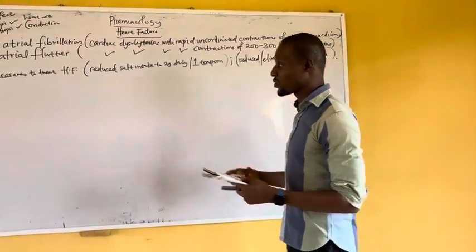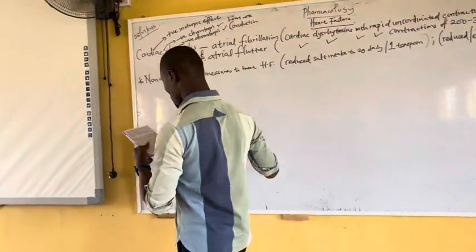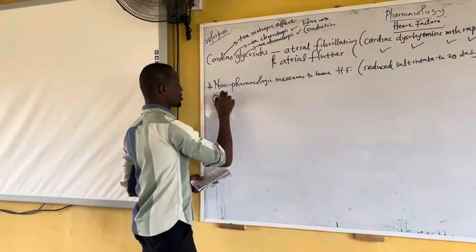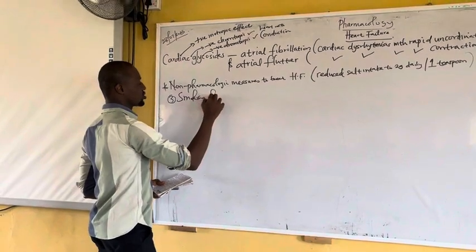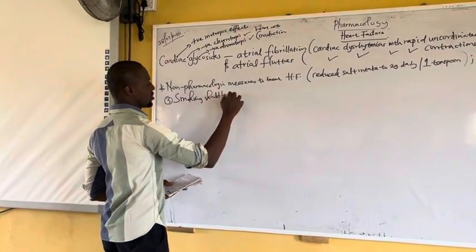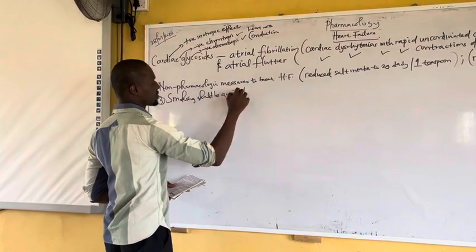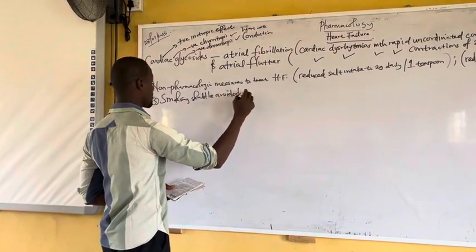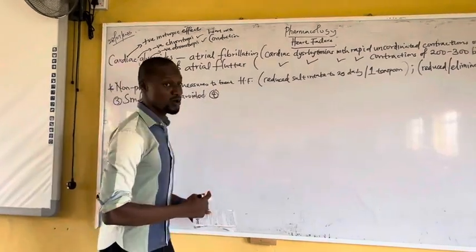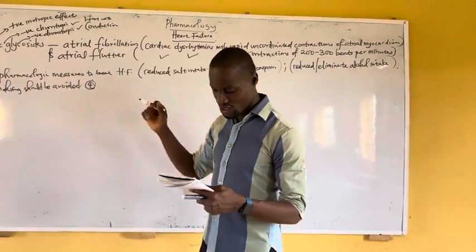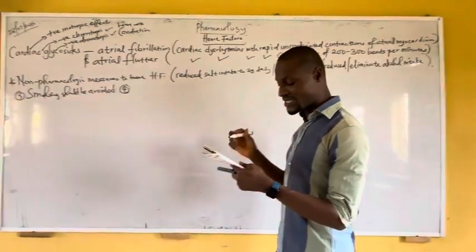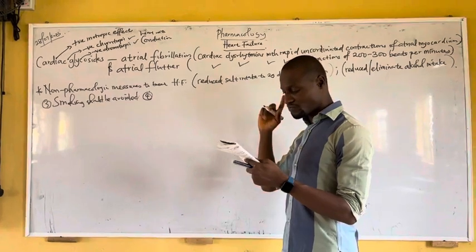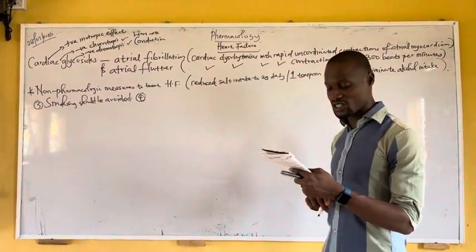The third point is that you need to reduce smoking. Smoking should be avoided. Smoking of all types should be reduced because it deprives the heart of oxygen. Number 4, obesity increases cardiovascular problems. Obese clients should decrease fat and calorie intake.